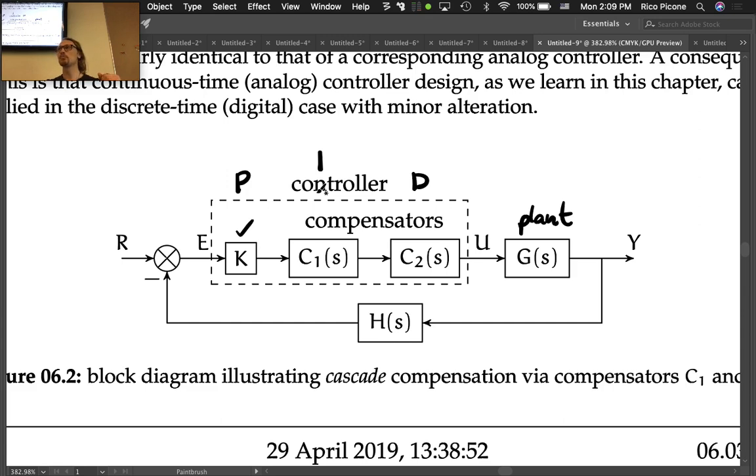Okay. So that's our control scheme. That's how we'll design controllers. We're going to do it incrementally, doing an initial gain control, and then we're going to do compensation using other techniques. So we'll learn each technique, each compensator technique separately.